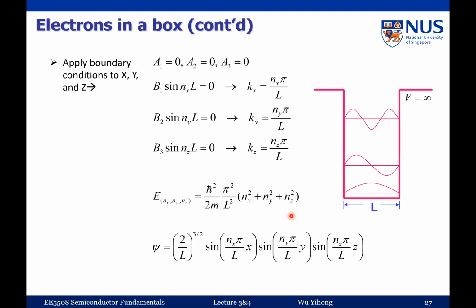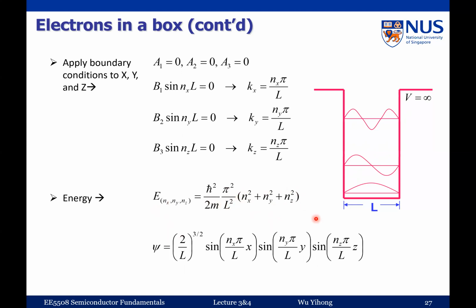That's why we require that nxL, nyL and nzL are multiples of pi, right? And from there, you find that kx, ky, kz are all quantized. And then, of course, the energy is perfectly quantized. So you don't have any continuous variable here.